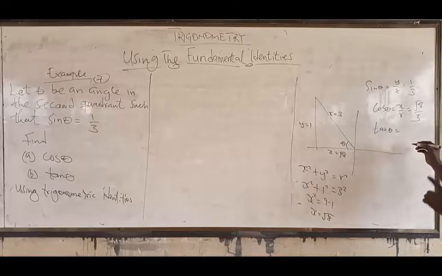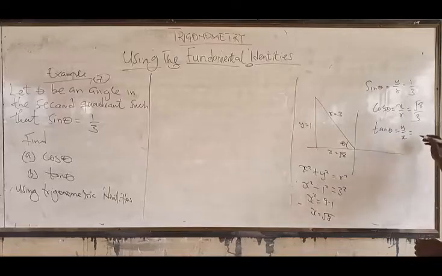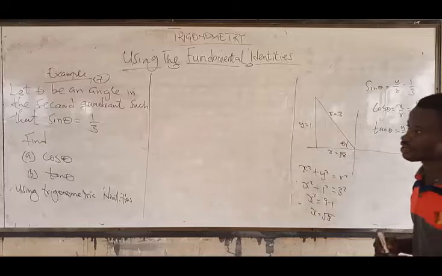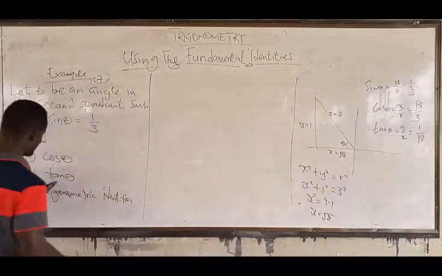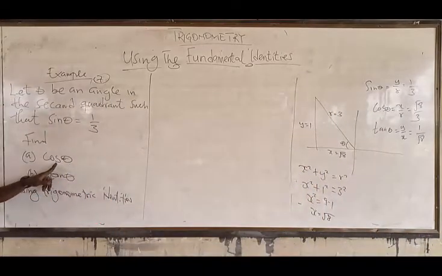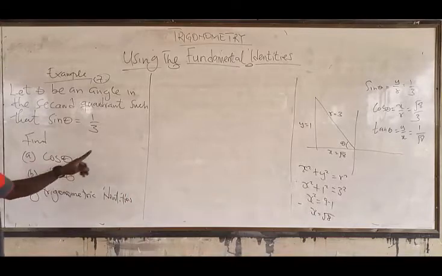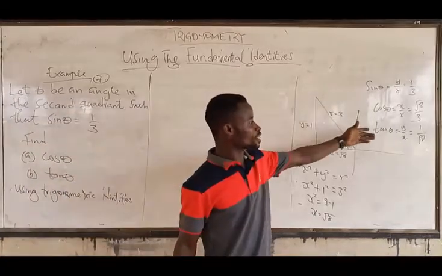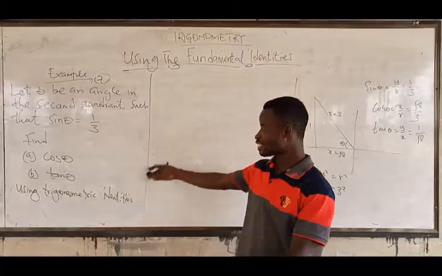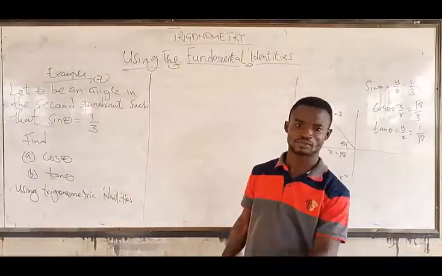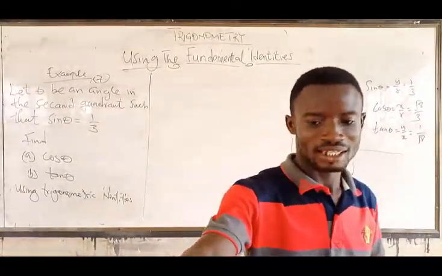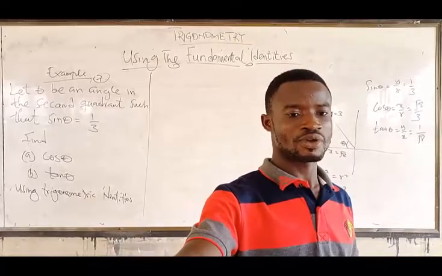Tan theta is y over s, and that is going to be 1 over square root of 8. So you see we can use that one together. Cos theta is square root of 8 over 3, and tan is 1 over square root of 8.